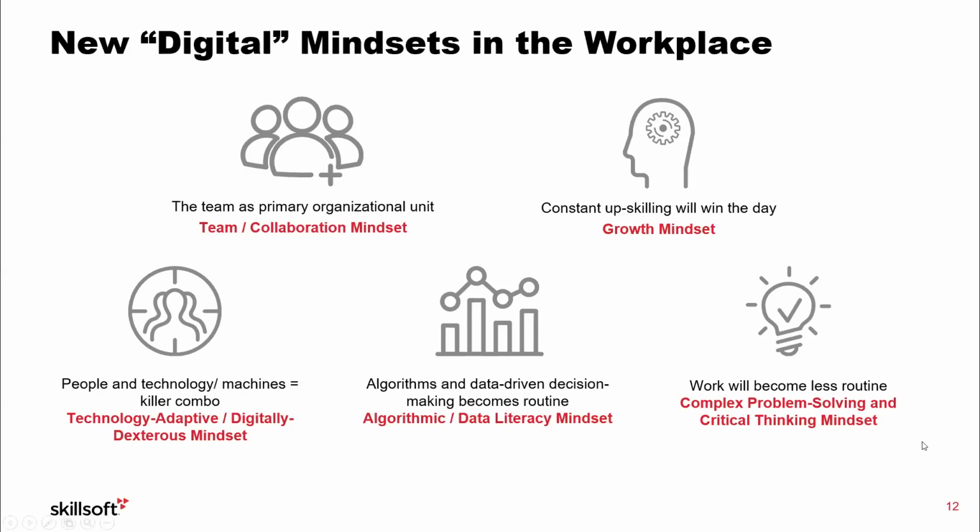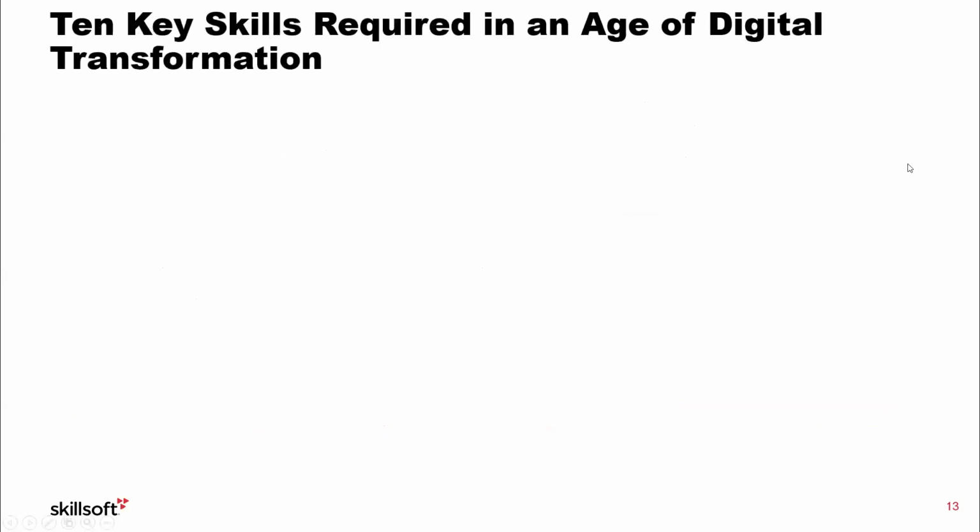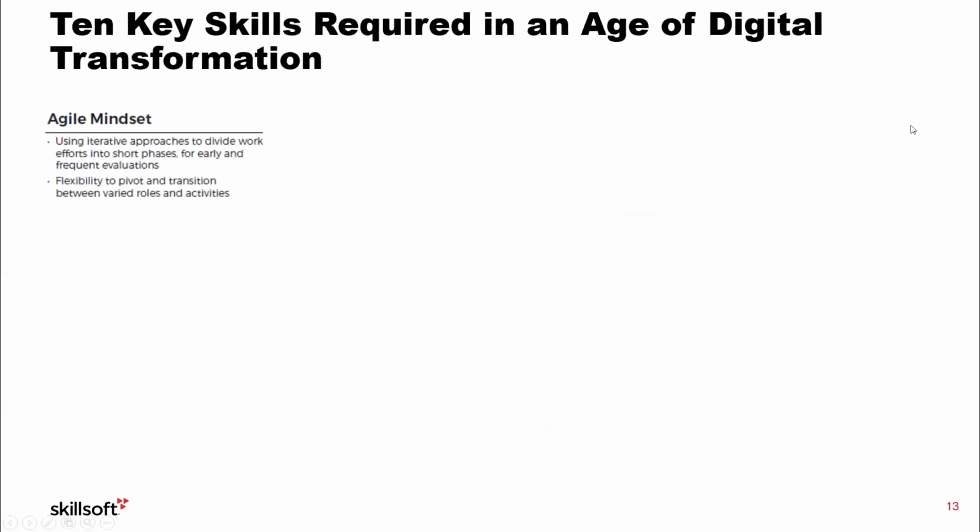So let me drill down a little bit further into the 10 key skills that we see here. And I'm going to come back to the one that I've mentioned already and that I'm going to keep suggesting here: it is agility that will win. The ability to create something new and tune it, modify it, update it, or even replace it if it no longer serves the purpose.